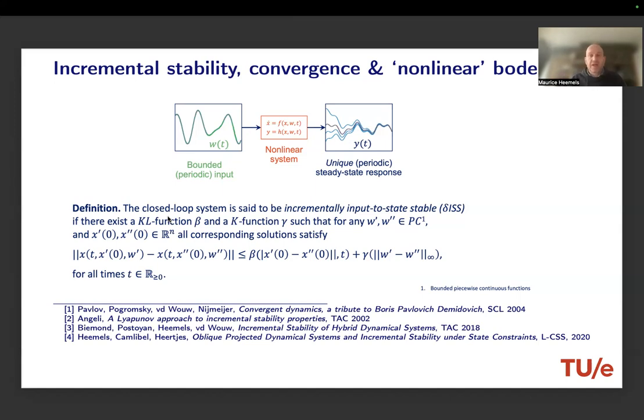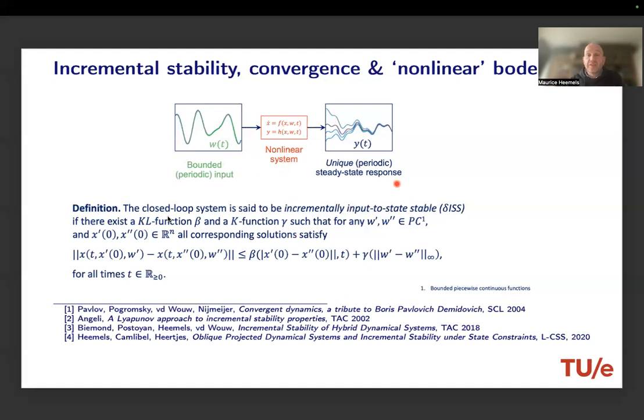However, if you have a property like incremental input to state stability, which is defined over here, then if you put a bounded periodic input on the system, there is guaranteed to be a unique periodic bounded steady state response, with the same period as the input.